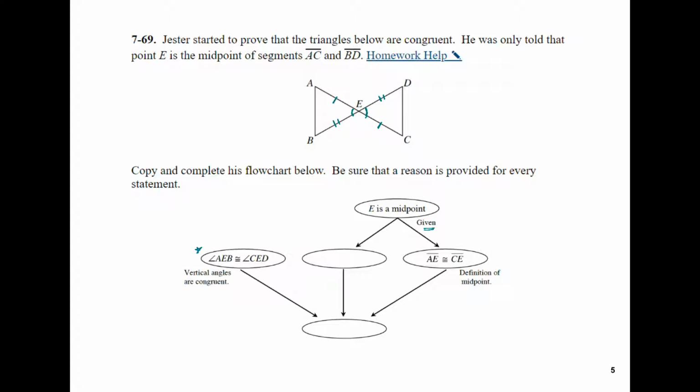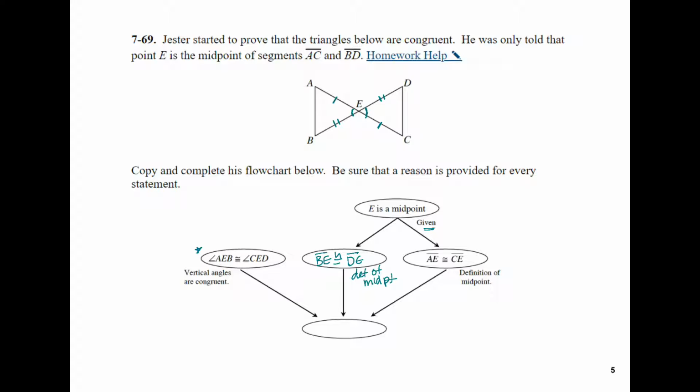So if we know E is a midpoint, we could then derive that line segment AE is congruent to line segment CE by the definition of midpoint. We could also say that line segment BE is congruent to line segment DE by the definition of midpoint.